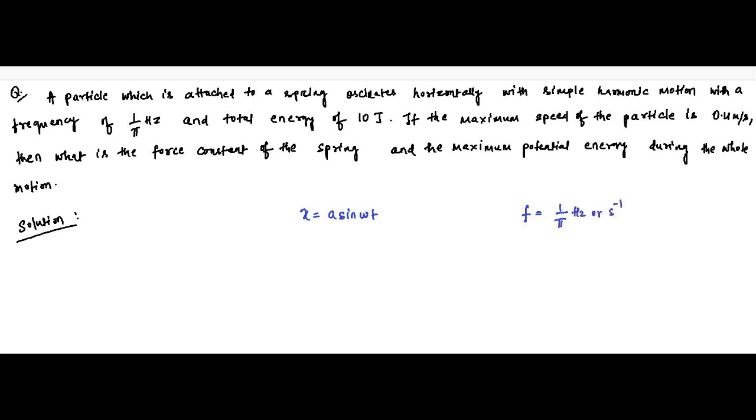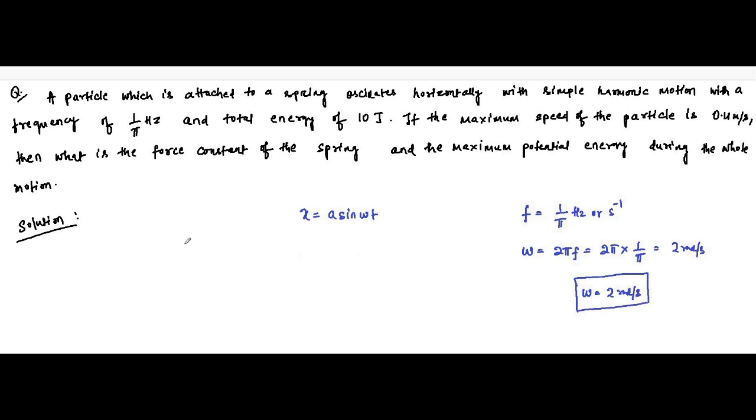So from this we can calculate the angular frequency omega, which is equal to 2 pi f, which is equal to 2 pi into 1 by pi, which is equal to how much? 2 radians per second. Omega is equal to 2 radian per second.